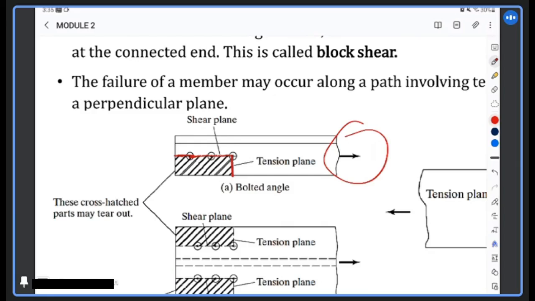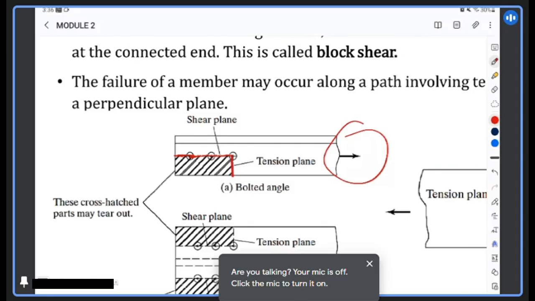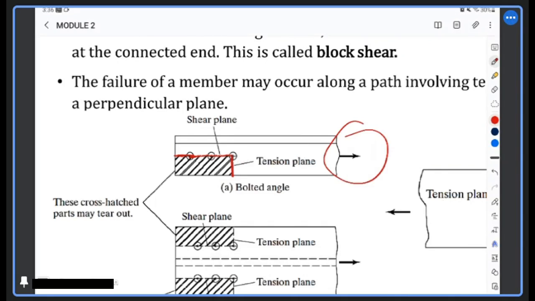The area being sheared for the shearing stress would be that area that will tend to slide, and for tension or compression, that would be the area that is perpendicular to the applied loading. Now, so that this part is in tension and this part is in compression. So maghihiwalay daw yan. That would be a block. Okay, na matitear out. So that's why it is called a block shear or block shear rupture.